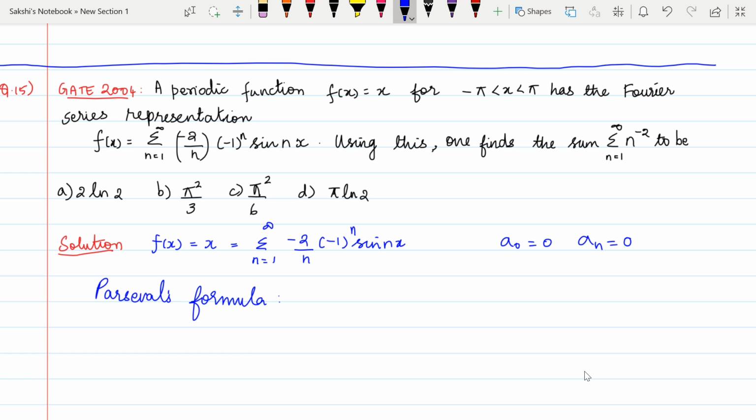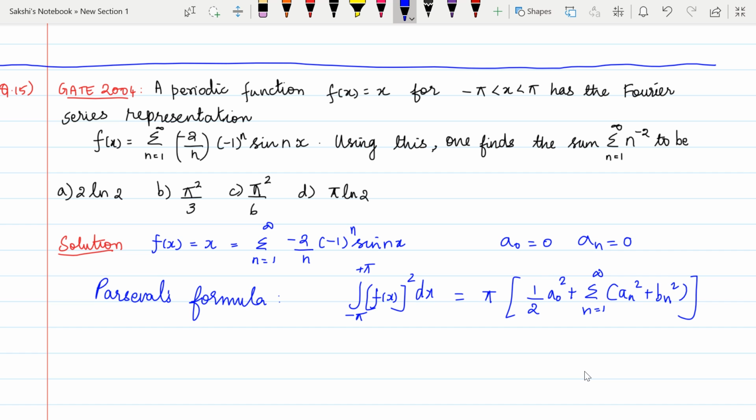So Parseval's formula for minus pi to plus pi will be the integral from minus pi to plus pi of f of x the whole square dx, which is equal to pi into half a naught square plus summation n is equal to 1 to infinity of a n square plus b n square.